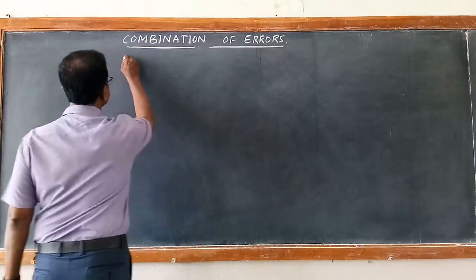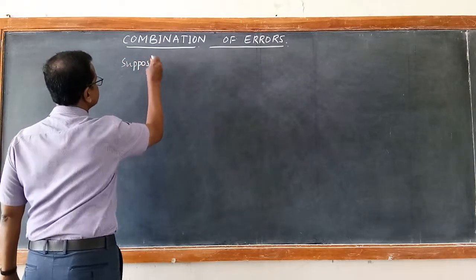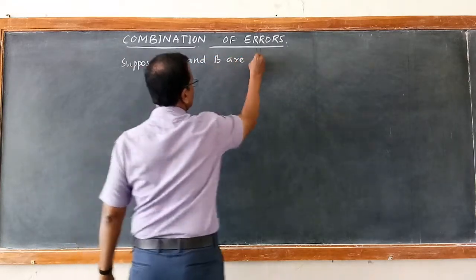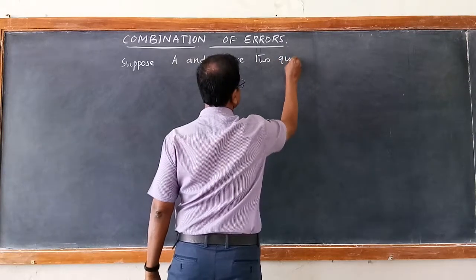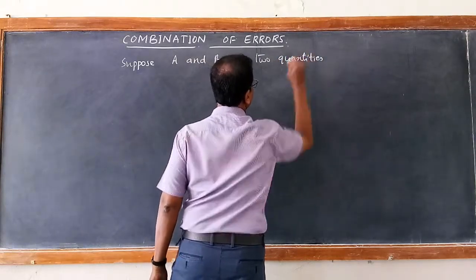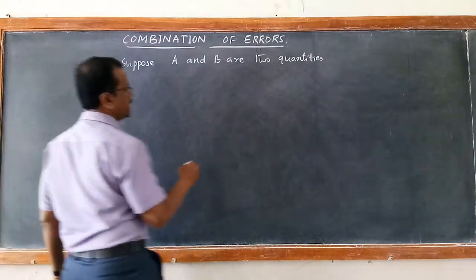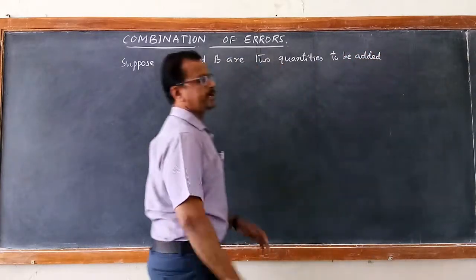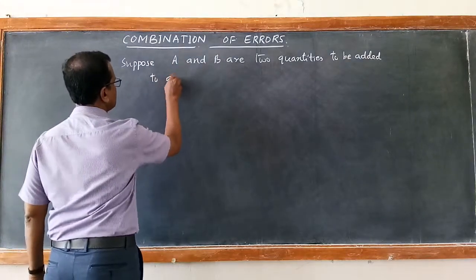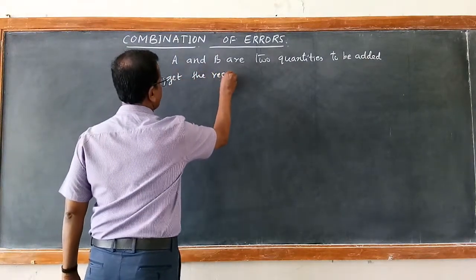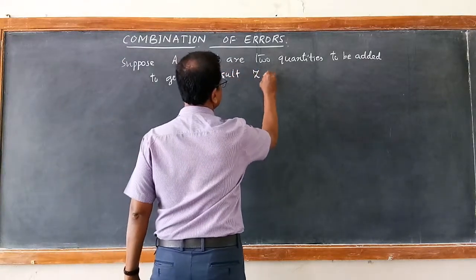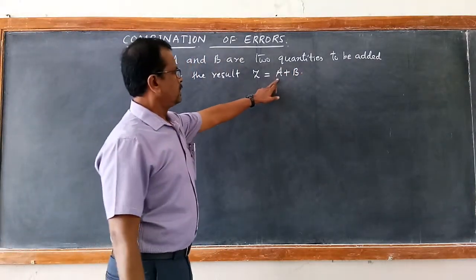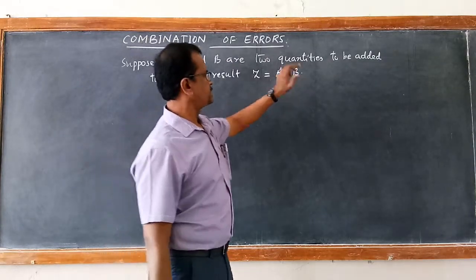So suppose A and B are two physical quantities to be added, like length and breadth to be added to get the result Z, that is, Z is equal to A plus B. Then let us say that A is having certain error and B is having error.